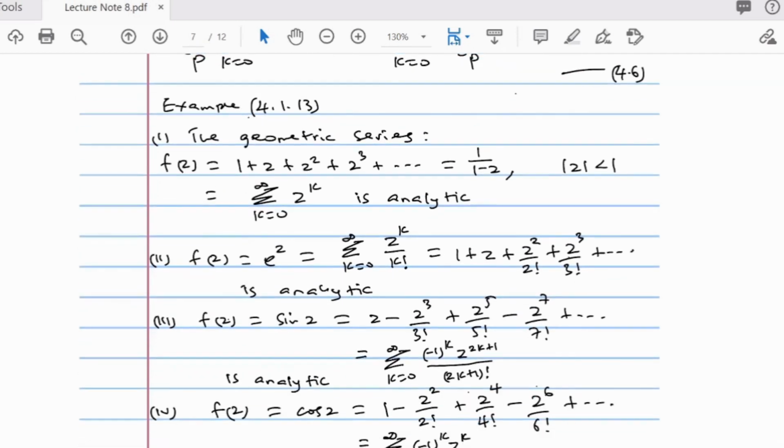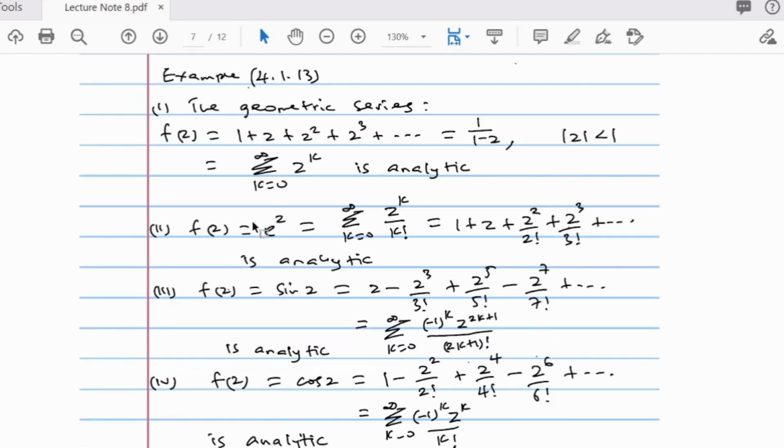Okay, so if you take your f of z as e to the power of z, you can always write it in terms of this power series. This is the power series of e to the power of z. So that means your function f of z equals e to the power of z is analytic at z naught equals 0. So take f of z to be equal to sine z.